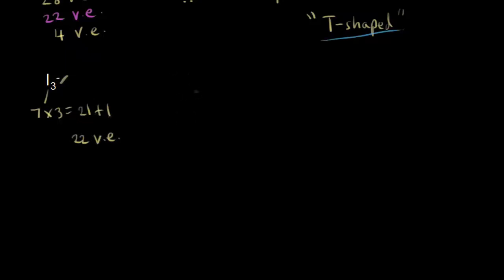We have 3 iodines, so we can go ahead and show our 3 iodines bonded together like that, and we've already represented 4 valence electrons, so 2 here and 2 here. So 22 minus 4 means we have 18 valence electrons left, and we start by putting those leftover valence electrons on our terminal atoms, which are our iodines.